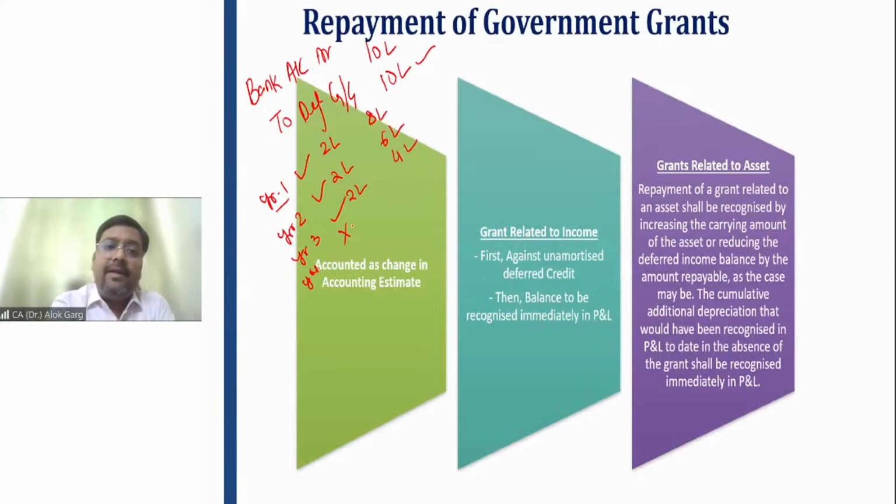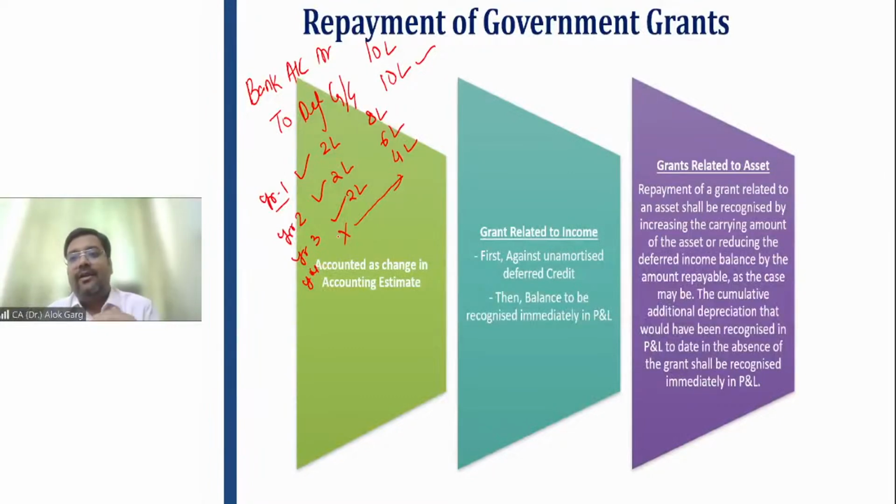Right? But in year 4, the default has happened. Now the first question is, sir, when this default has happened, whether this government grant accounting has to be corrected retrospectively or prospectively. The standard says that in year 1, initially, it was expected that the condition will be met.